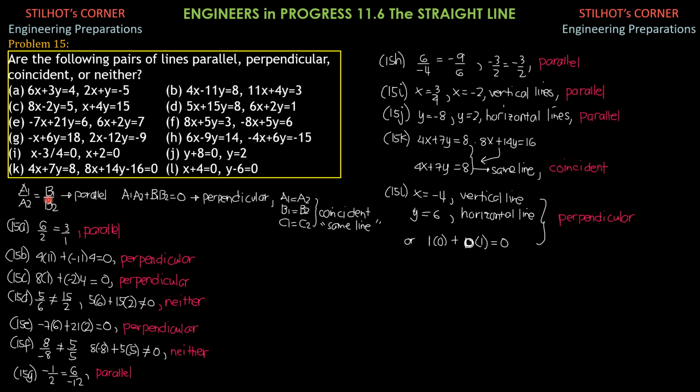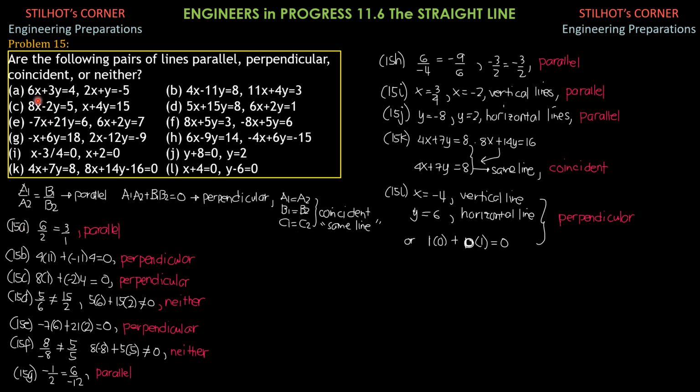You can look at the preceding videos on the concepts and conditions for parallel and perpendicular lines. This is my best guide. If you have your own way, then you can, as long as the answers are the same. For coincident or same lines, A1 equals A2, B1 equals B2, and C1 equals C2; all three must be satisfied.